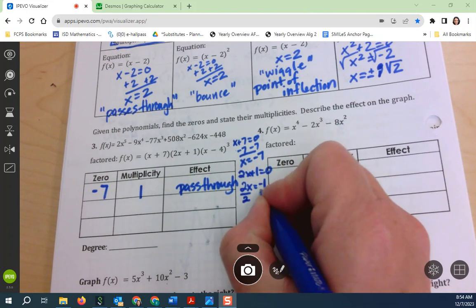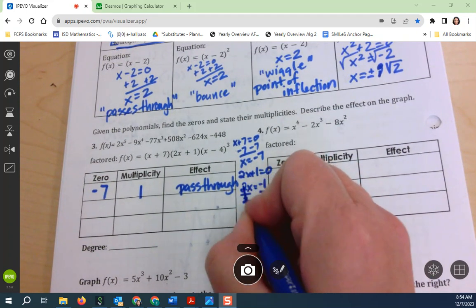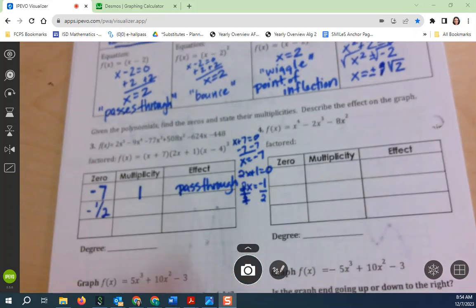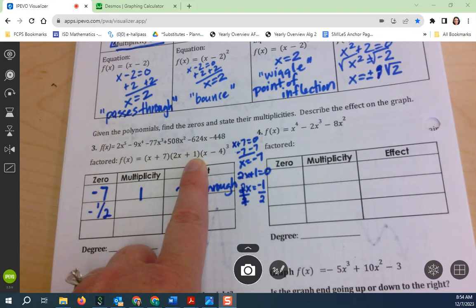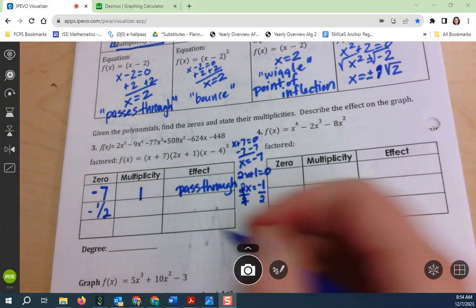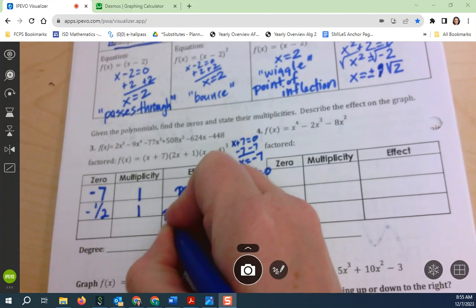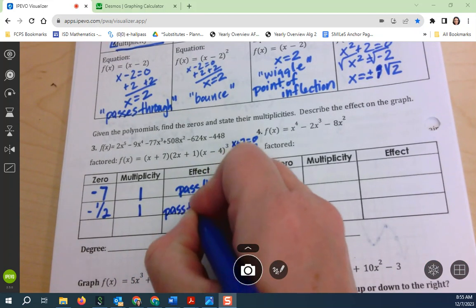So you could write -0.5 like he did, or you could write -1/2. Either one's fine. How many times does this factor appear? Just once, okay? The multiplicity is 1, and that means, again, it's going to pass through. Most factors have multiplicity 1.